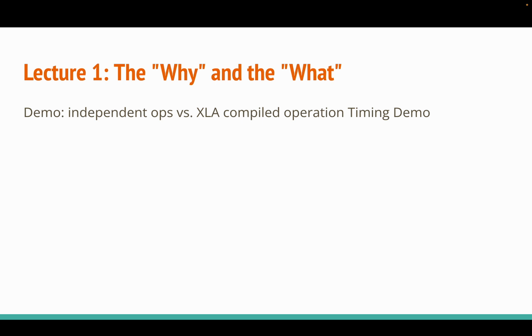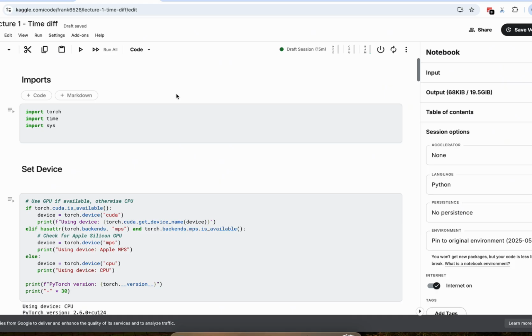So let's use a real example to demonstrate the time differences between many small operations versus a large fused compiled operation. This is a script that I wrote to demonstrate the time differences. Let's take a closer look at our script.